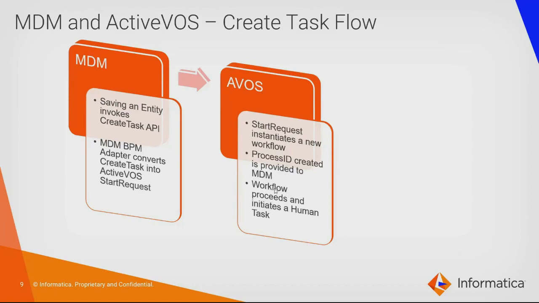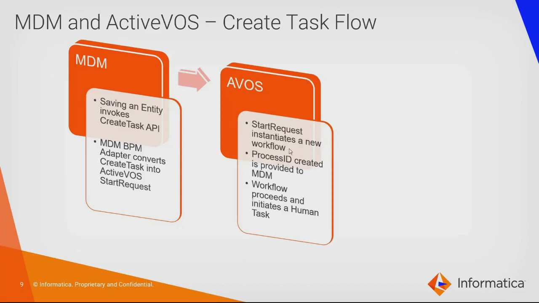After the process has been created, the workflow will proceed and initiate a human task. The concept of process and task is a little tricky to understand. From the ActiveVOS perspective, even the human task is a process, but it is categorized as a system process. A parent process is the one that is triggered when you instantiate a new workflow.